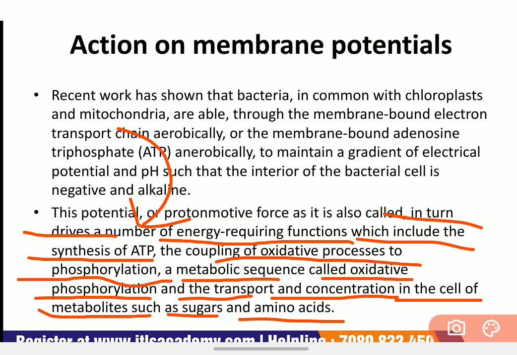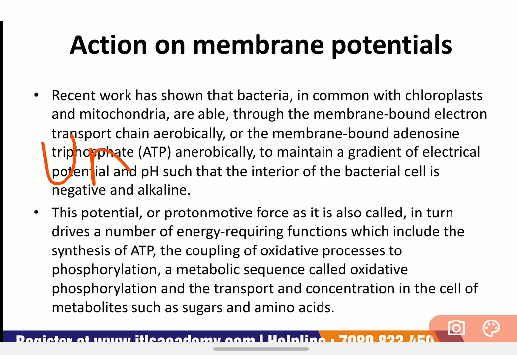Certain chemical substances have been known for many years to uncouple oxidation from phosphorylation and to inhibit active transport, and for this reason they are named uncoupling agents. So we can say that uncoupling agents are those agents that inhibit the transport of electrons from one place to another, and that is, they cause a reduction in ATP.